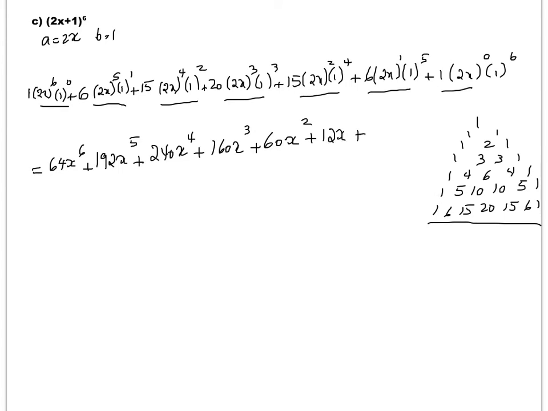And the last one, 2 exponent 0 is 1, times 1 is 1, times 1 exponent 6 is 1. So this is going to be our expansion of 2x plus 1 exponent 6.